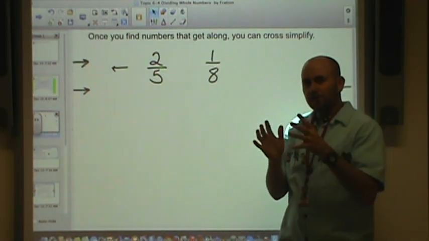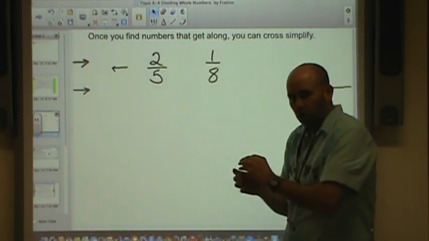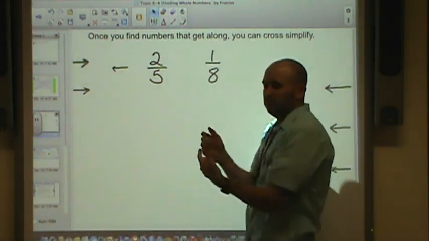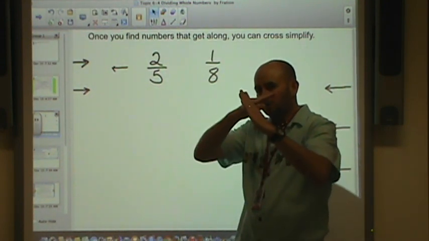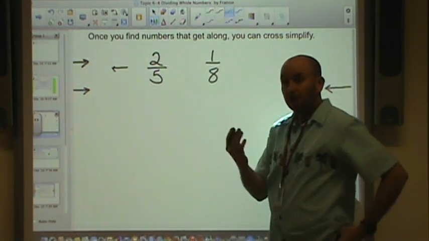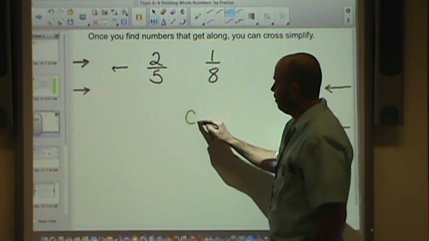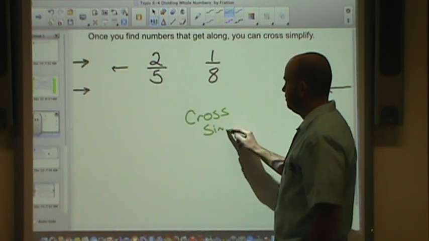Now right away you're looking at compatible numbers, but the rule with numbers that get along when you're looking at two fractions is you want to think crossways, diagonally, okay? So let's cross simplify. We're going to call that cross simplify.